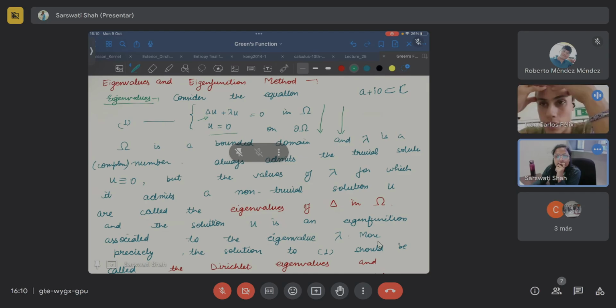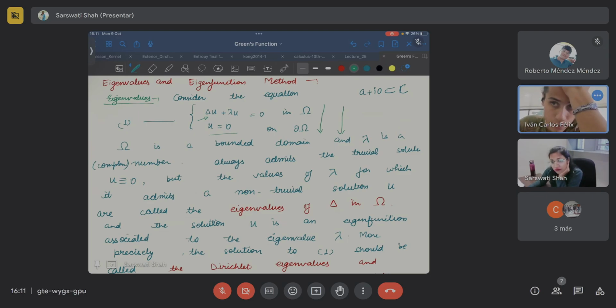Well, I noticed that the operator, when it acts on u, is equal to a number times u, right? So that's an eigenvalue, more precisely, the operator.